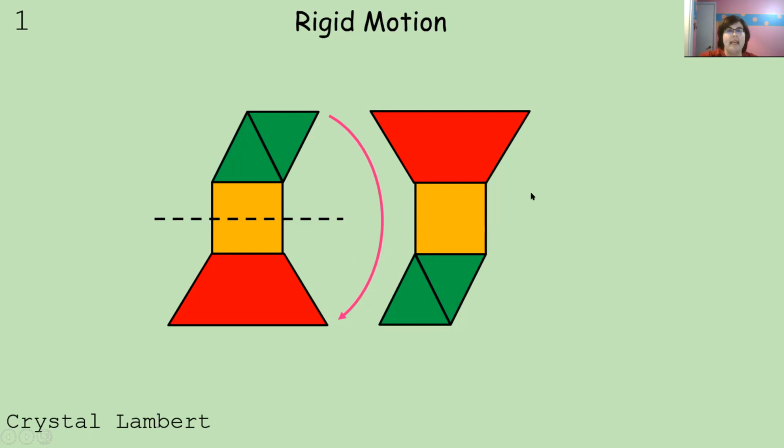They did a 180-degree rotation, because a complete circle is 360 degrees, and going halfway around the circle is 180 degrees.